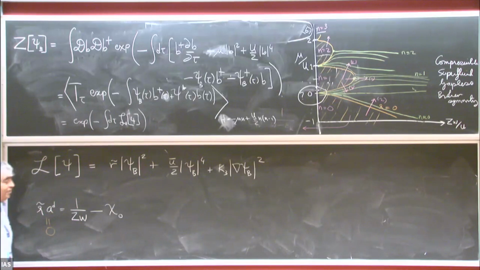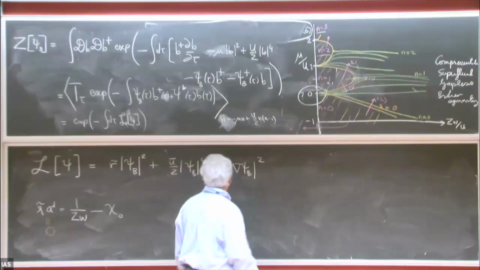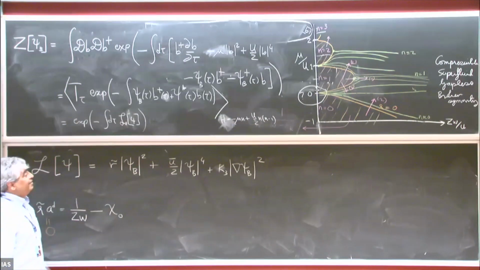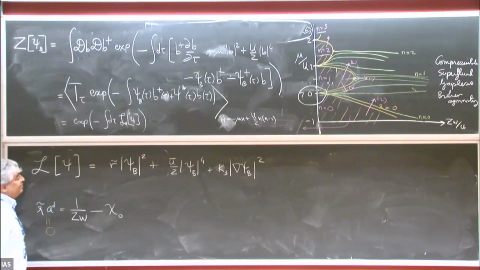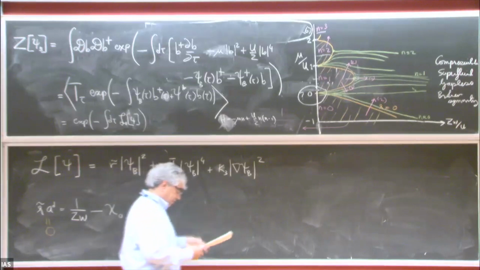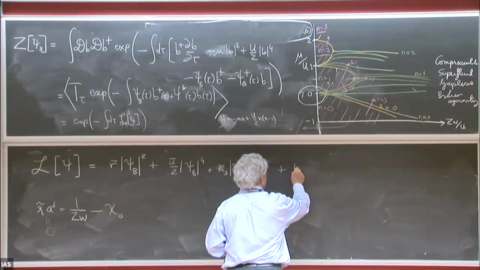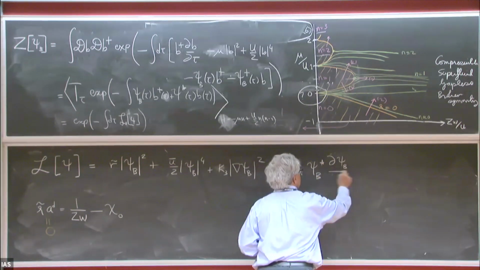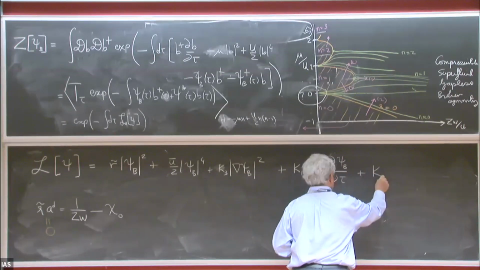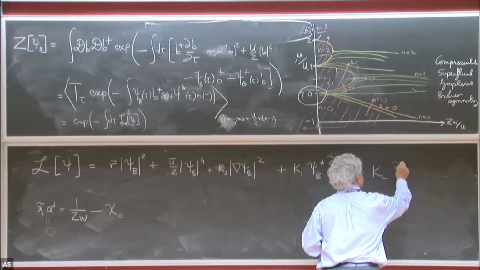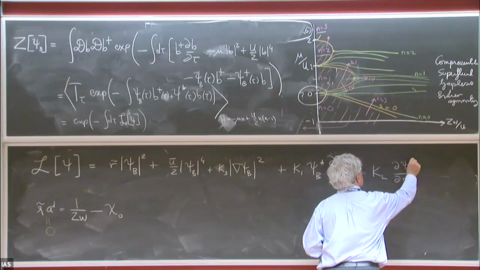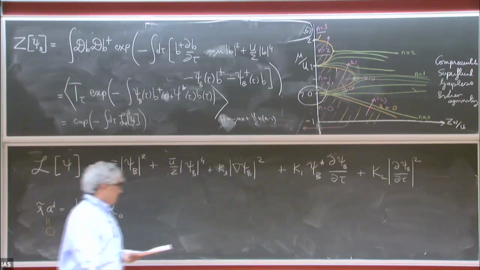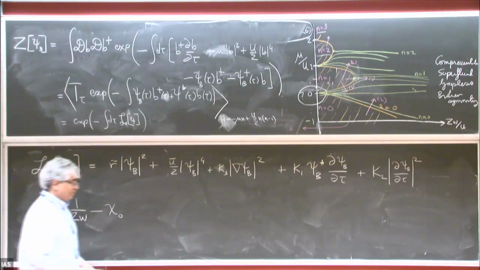But there's something more beyond Landau theory that we have to put in, related to the very singular shape of the phase boundary, and also in the time derivative terms. You can guess the form of the time derivative terms. There will be some coefficient K1 times psi b star d psi b d tau, plus K2 times d psi b squared, and so on. Now really the question is, what are these K1 and K2?